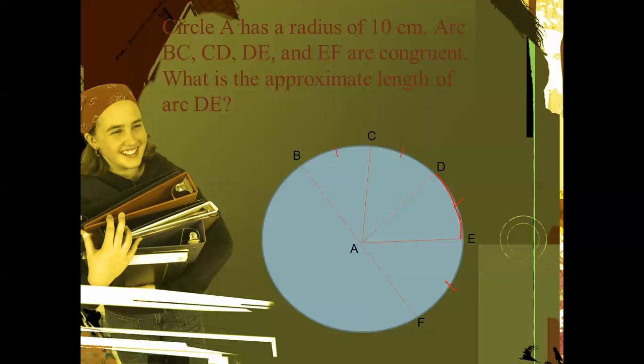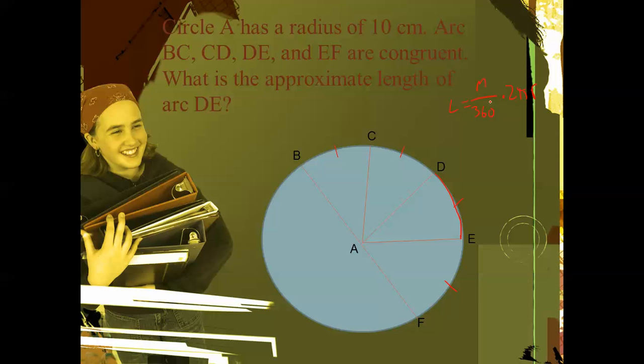We want the length. Remember, the length of an arc equals the measure of the arc in degrees over 360 times 2πr. The measure of the arc is going to be in degrees.